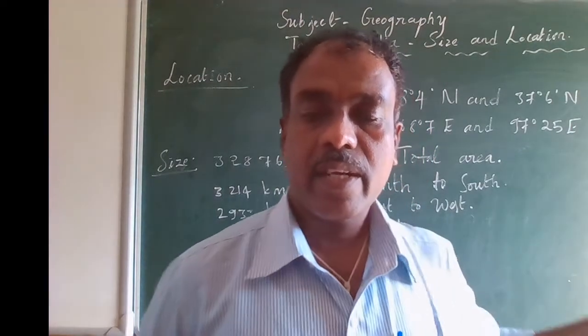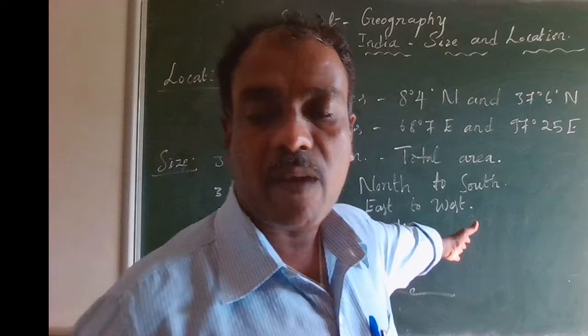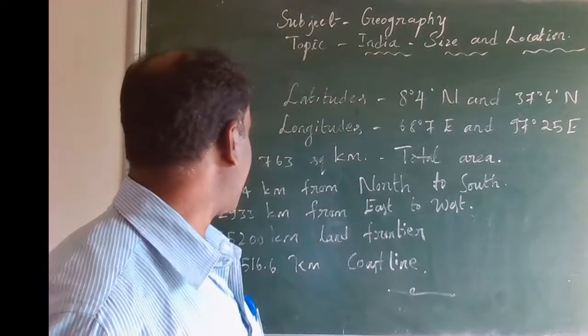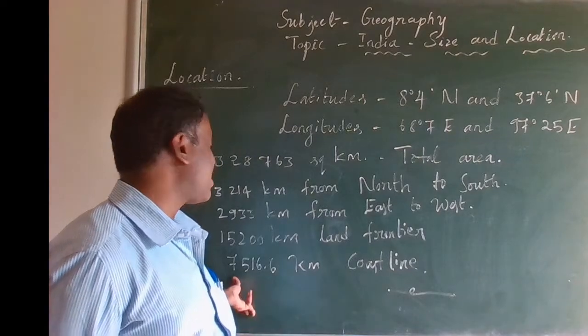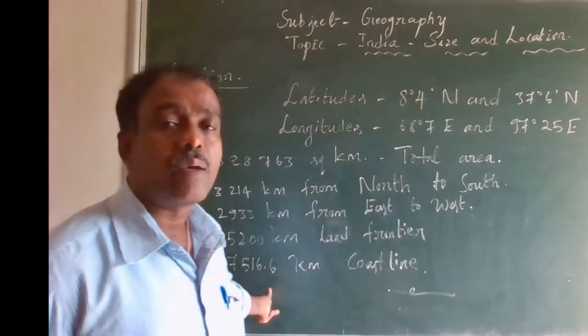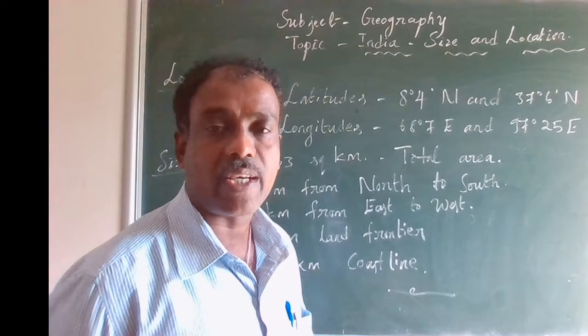It has a land boundary of about 15,200 kilometer land frontier, and a 7,516.6 kilometer coastline.